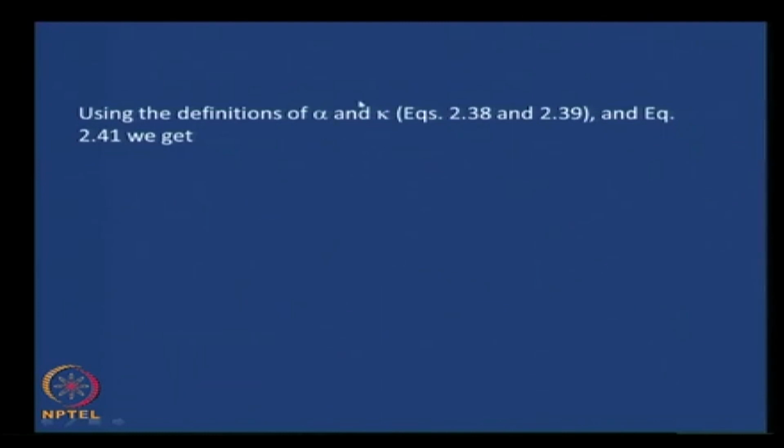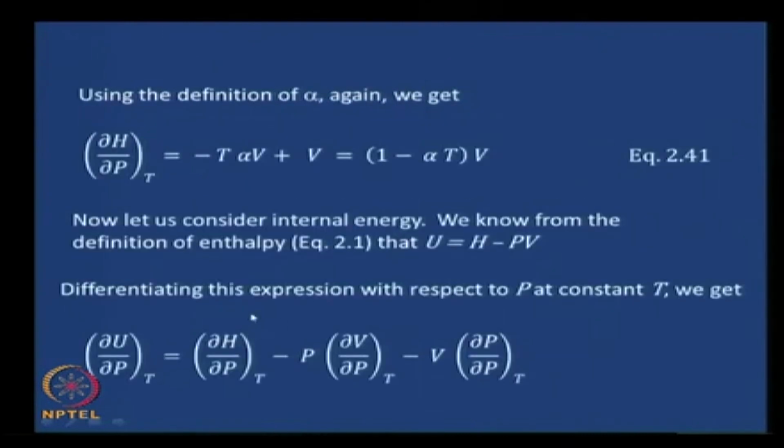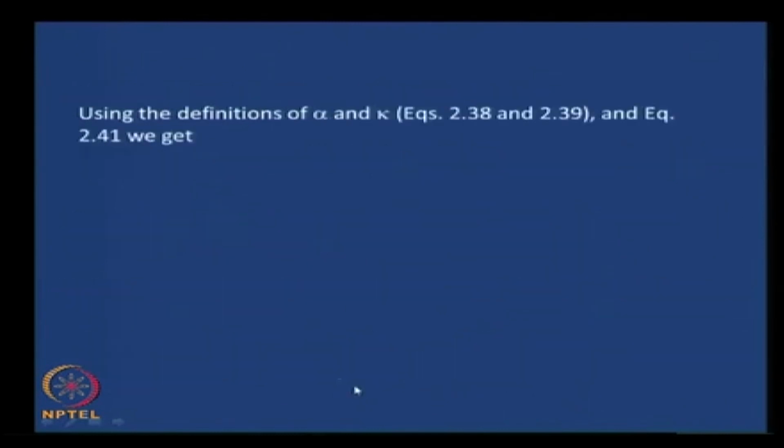Now if we use the definitions of alpha and kappa, we can write ∂U/∂P at constant T, and we have already seen what the first term was: (1 minus alpha T) into V. This ∂H/∂P at constant T is (1 minus alpha T) into V, and this P ∂V/∂P at constant T is related to the definition of kappa, and this ∂P/∂P of course is 1, so we do not have to worry too much about that.